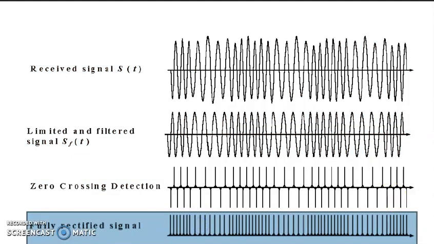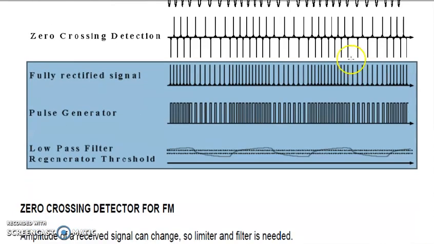Now, the output of the zero crossing detector is fed to the rectifier circuit, where all the negative impulses are rectified as positive pulses. And here we can see that all the impulses are available in one direction only.